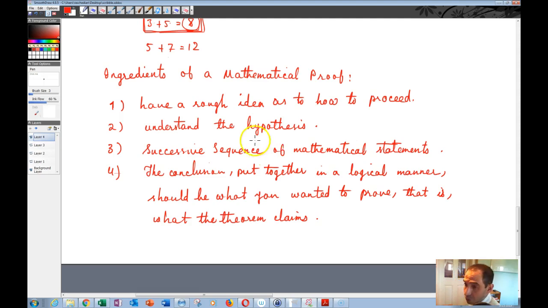Now, in order to understand this, of course we have broken everything down into 4 steps, and these are all laid out very nicely and very logically together.